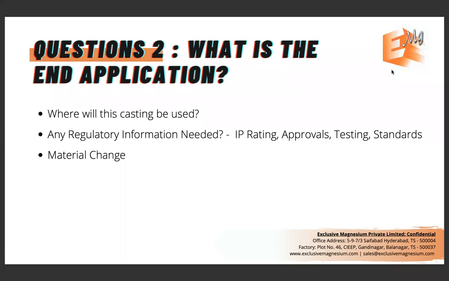And also, once we understand the use case itself, there are a lot of alloys that usually people are not aware of, and we'll be able to give you an understanding of what better alternative you could go for, for better performance of the casting. For example, recently we had a robotics company that came up with a mobile robot which runs on a single charge.